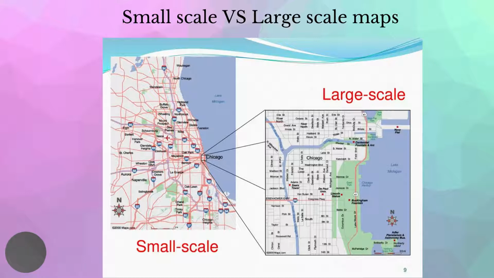A small scale map, on the other hand, shows a larger geographic area with less details. So it is the amount of details being shown that will determine whether the map is considered to be small scale or large scale.